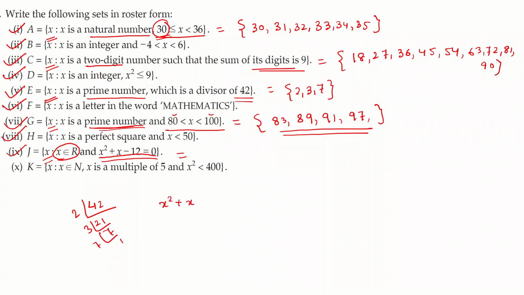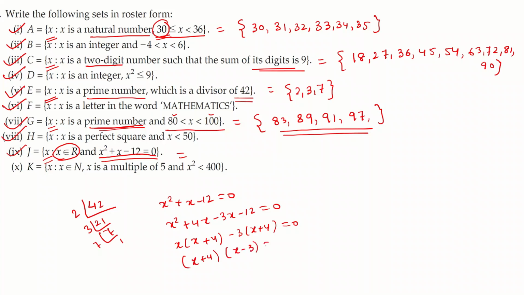x squared plus x minus 12 is equal to 0. We can factorize it as x squared plus 4x minus 3x minus 12 is equal to 0. This is the famous mid-term factorization example. x common: x plus 4, minus 3 common: x plus 4. And then finally our factors are x plus 4 and x minus 3.